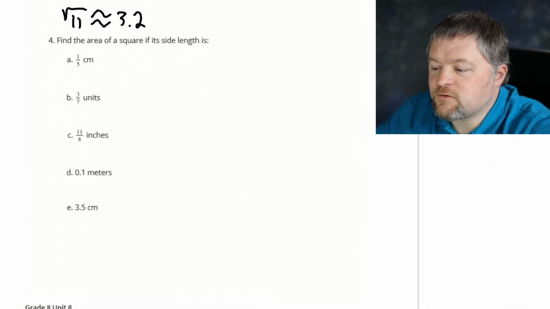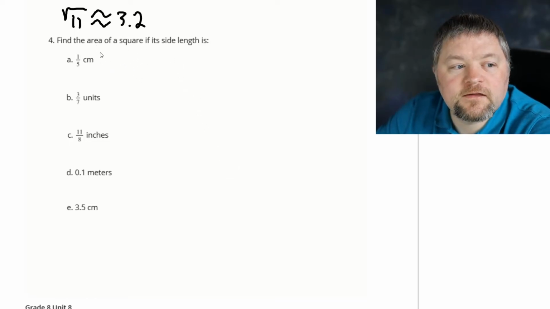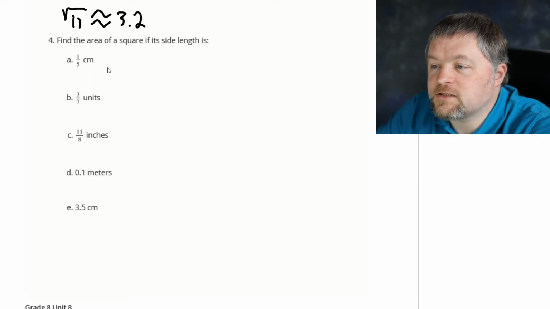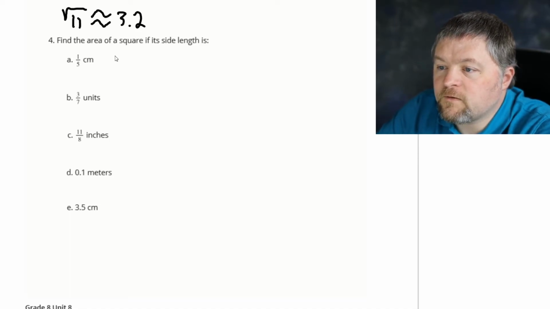Now our next question is find the area of a square if its side length is 1/5. How do we find the area of a square if we know its side length? We square it. 1/5 squared means 1/5 times 1/5.